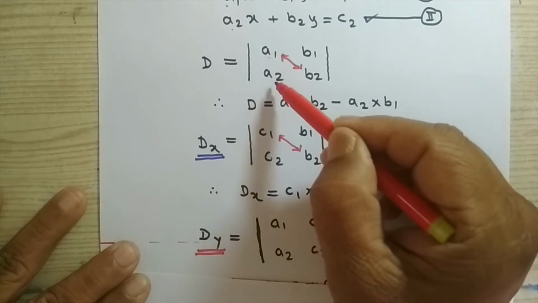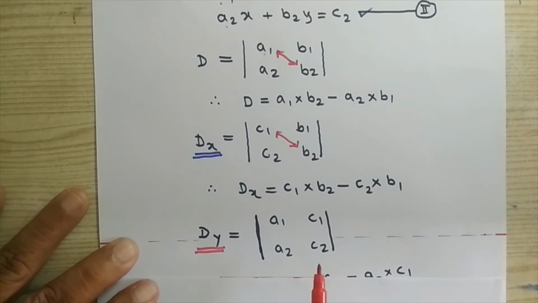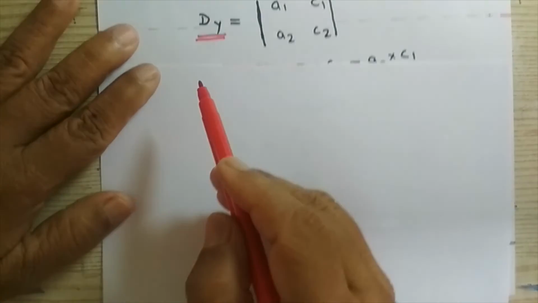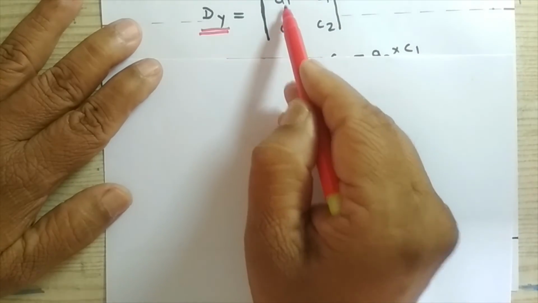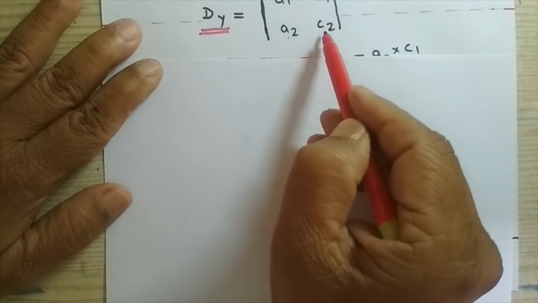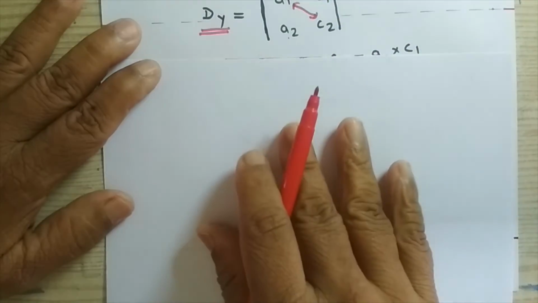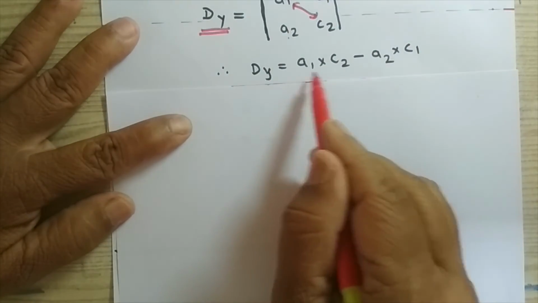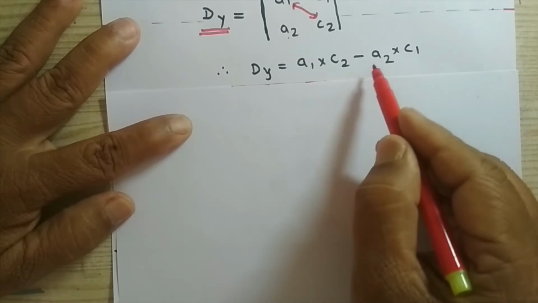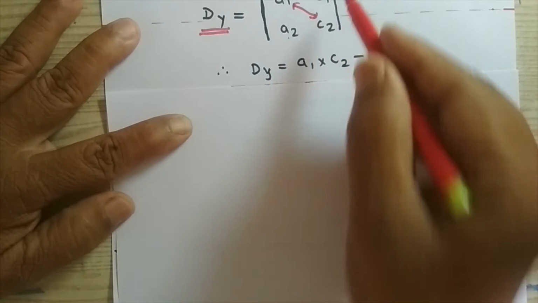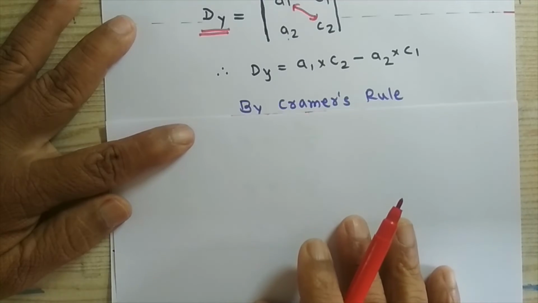So a1, a2 stay like this. Therefore D is equal to a1, a2 and c1, c2. Again we do this cross first. Dy is equal to a1 c2 minus a2 c1. This cross minus we have to do here.